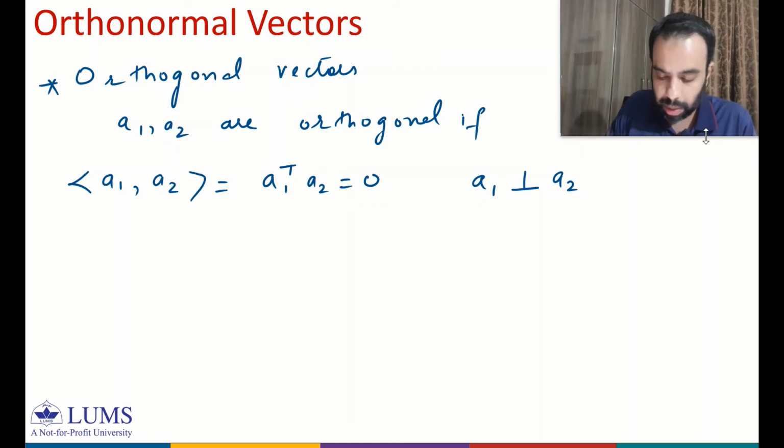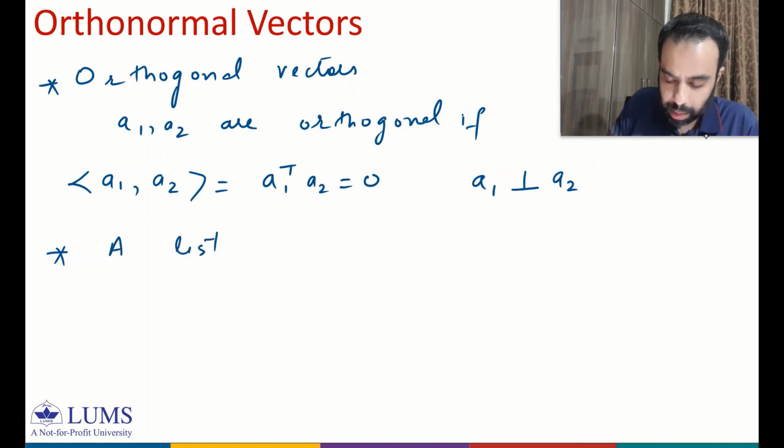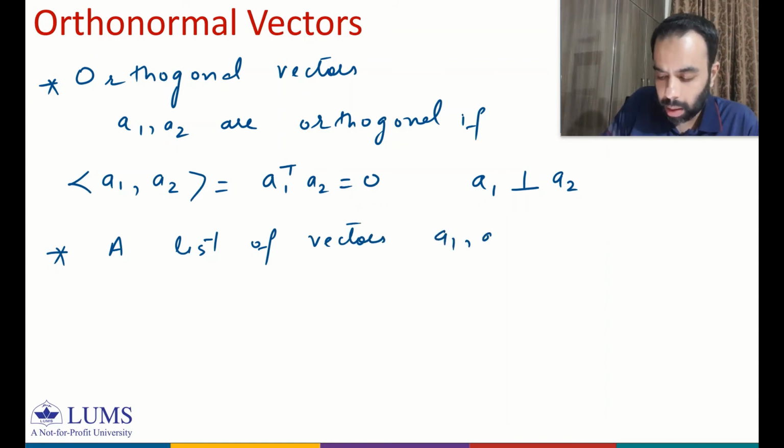So this is defined for two vectors, but how do we define orthogonality for a collection of vectors? Say we have a list of vectors a1, a2, ak.